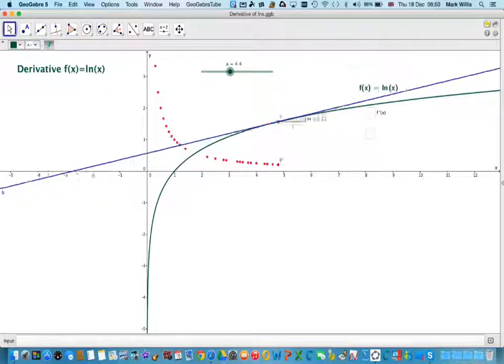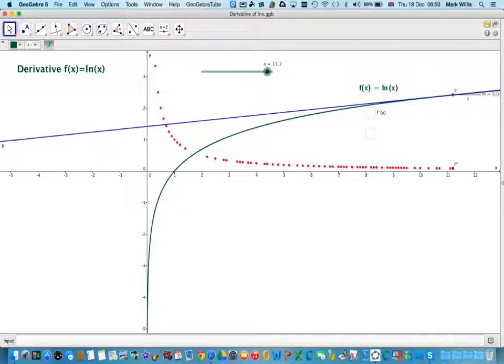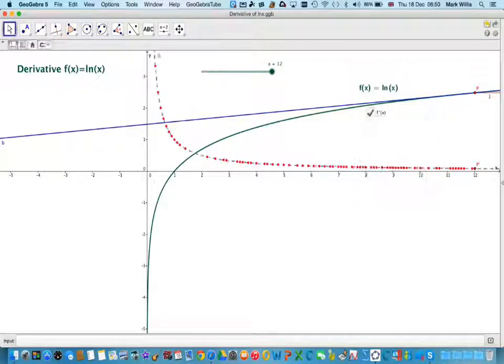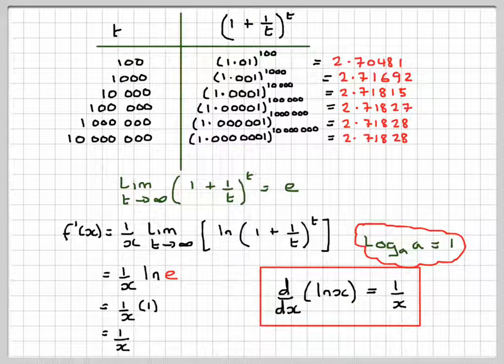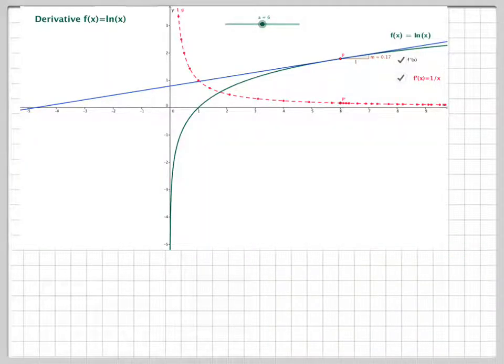And I can see very clearly that it is part of 1 over x. So I draw the graph in, see the graph there, and it is f dash of x is equal to 1 over x. So there's a screenshot of what I've just done.